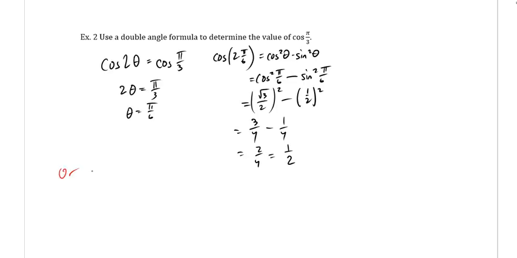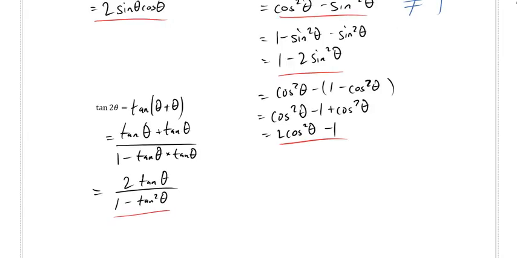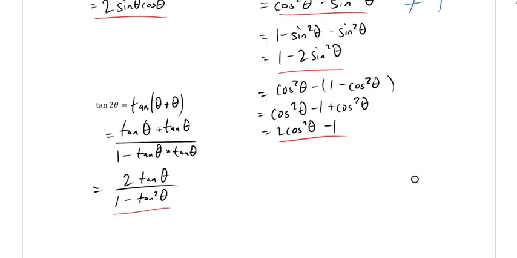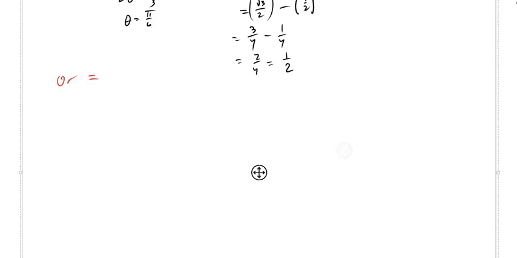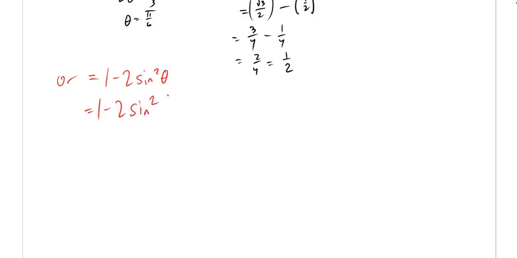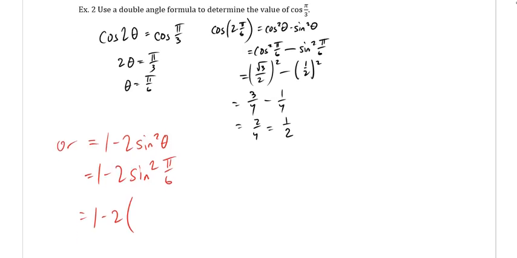Or, what if we did this? Let's use one of our other 2 formulas: 1 minus 2 sine squared theta, which is 1 minus 2 sine squared pi by 6.